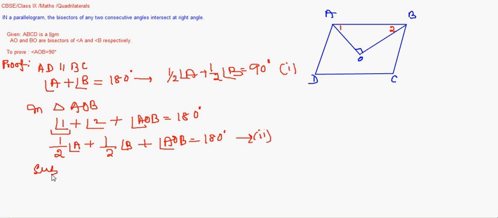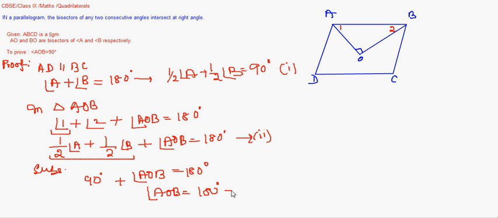Substituting, half of angle A plus half of angle B can be written as 90, plus angle AOB is 180 degrees. So angle AOB becomes 180 degrees minus 90, that makes it 90 degrees. So when the bisectors of two consecutive angles intersect at a point, that is a right angle.